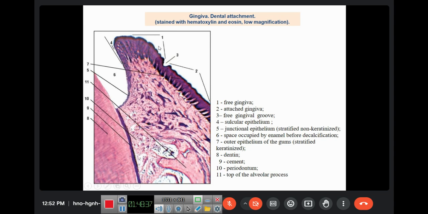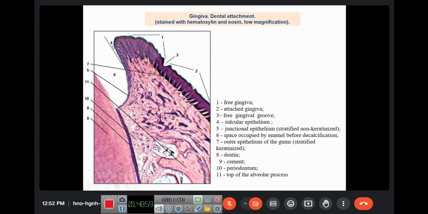This is the free gingiva. This is the gingival groove which separates free gingiva from attachment gingiva. So attachment gingiva has the epithelium and lamina propria mucosa, which attaches gingiva to the alveolar bone.